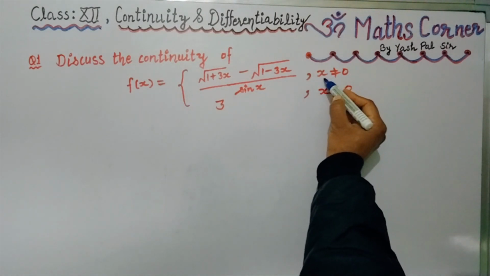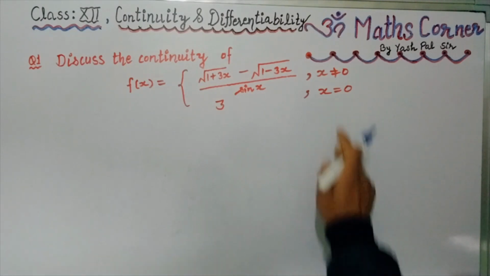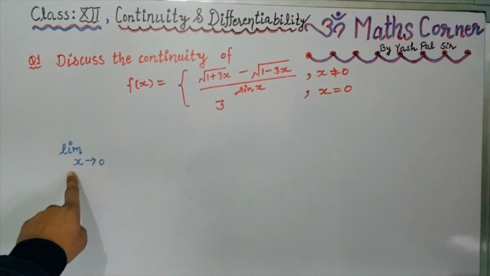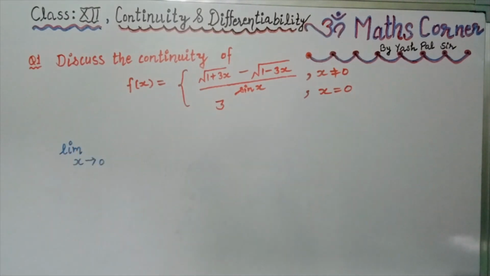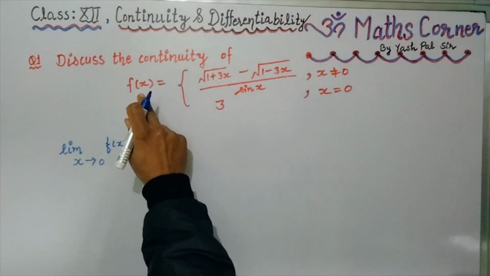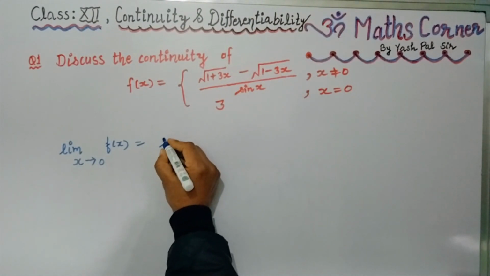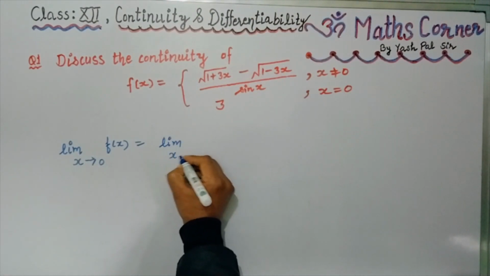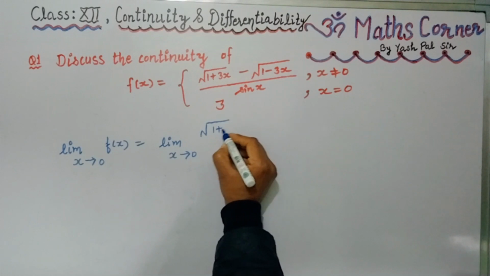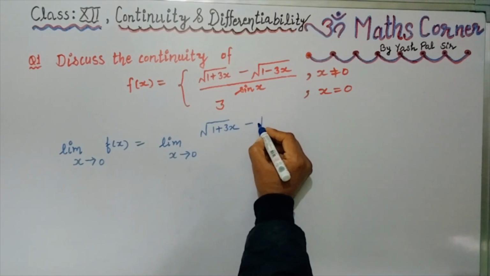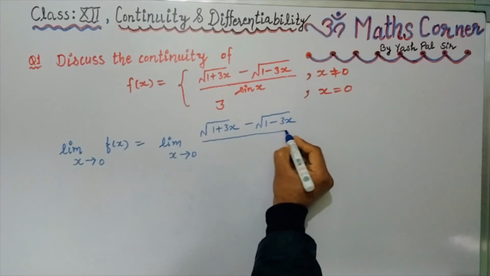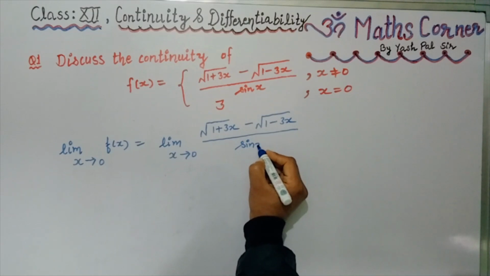Because x is not equal to 0 is given, it means we are just taking limit x approaches to 0 of the function f of x, that is limit x approaches to 0 of square root of 1 plus 3x minus square root of 1 minus 3x whole divide sine of x.